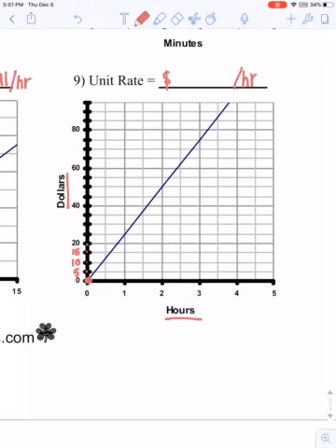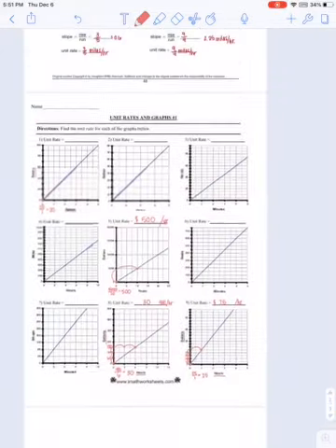I'm going to use my origin as my first point. The second point will be right here. So I have to increase 5, 10, 15, 20, 25, and then run 1. 25 over 1 is 25, so I plug in my slope here and get $25 per hour.